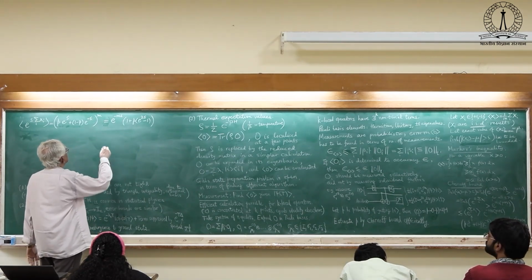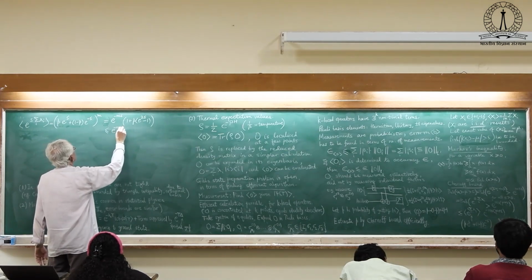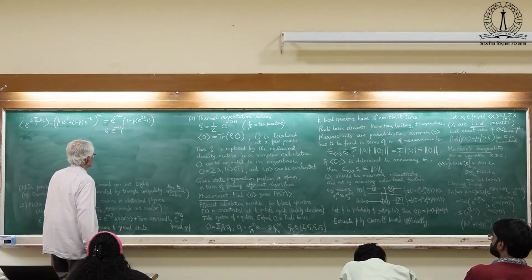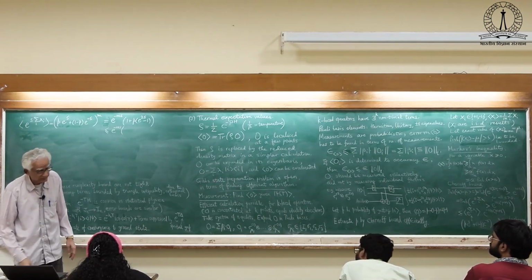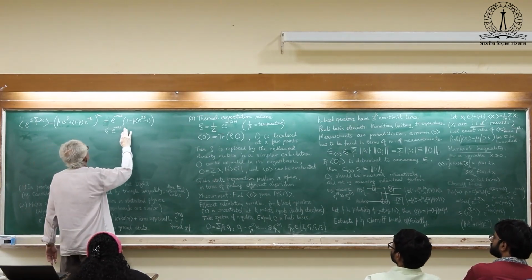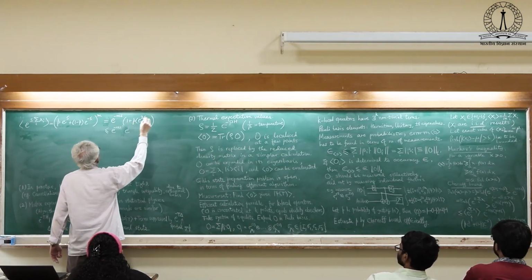And that can be bounded by yet another trivial identity, with the exponent of m here also.